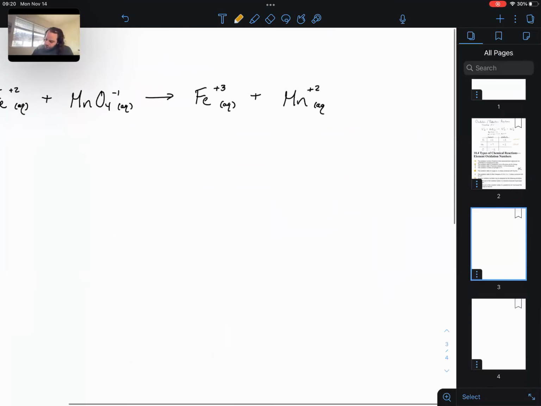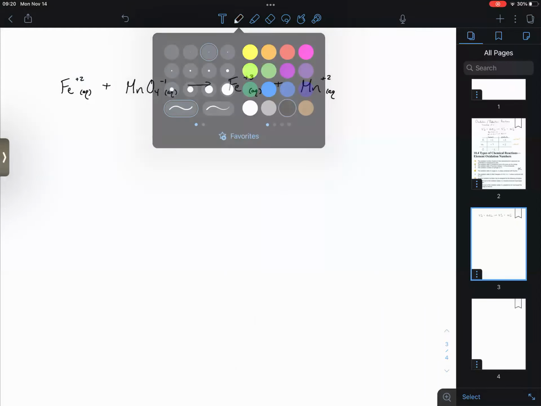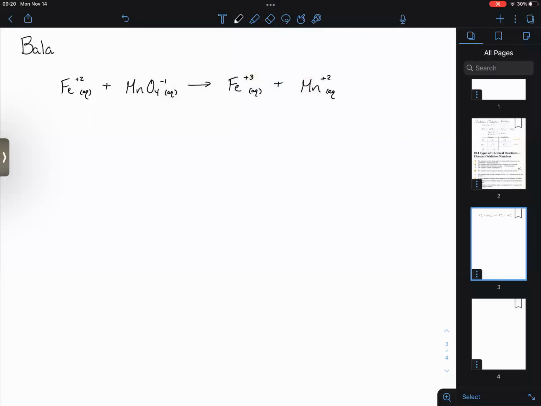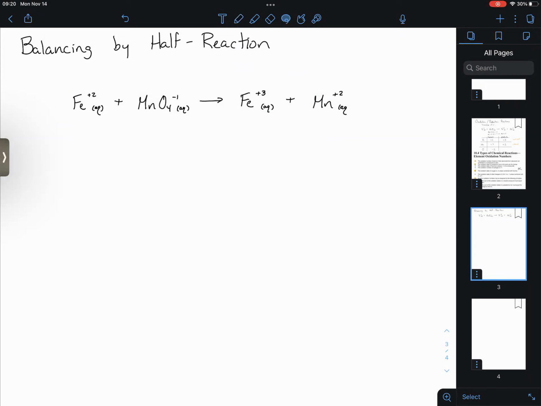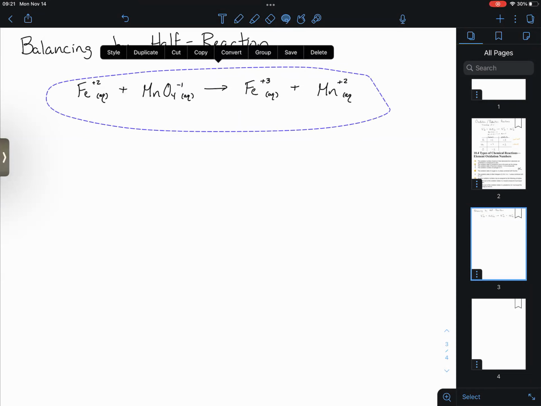Okay, this is what's called balancing by half reaction. All right, and again, our goal is going to be to balance this chemical equation here.